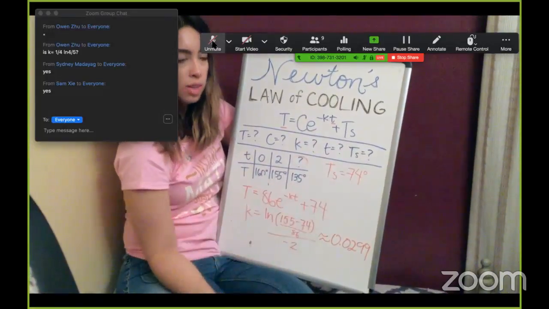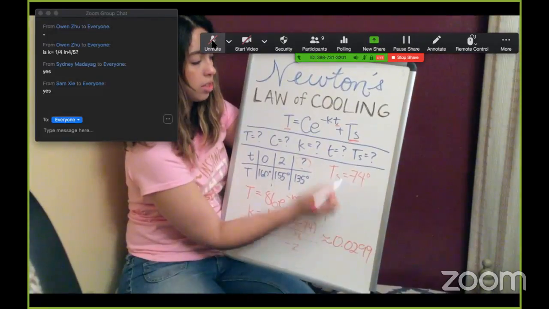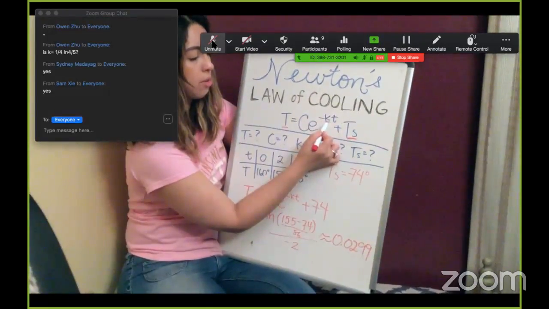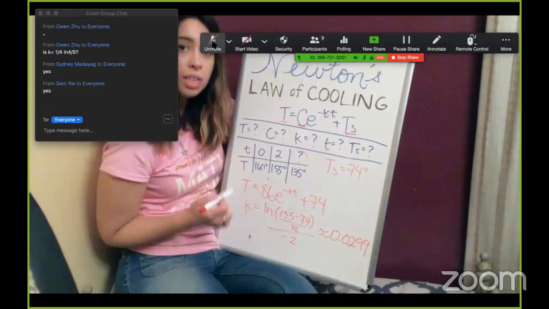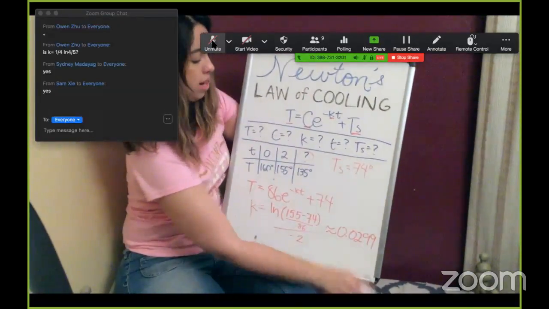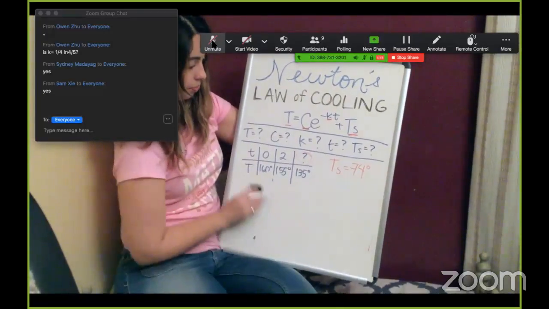So as of now, we have T sub s, which is 74 degrees. We have figured out what k is, and we have also figured out what our c is. So let's write out what our equation now looks like.